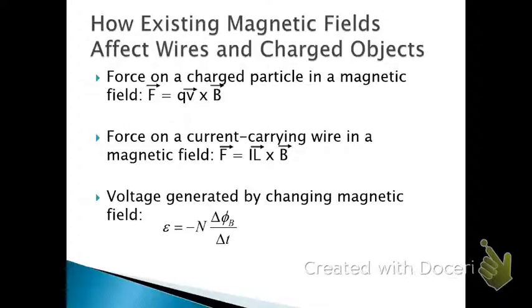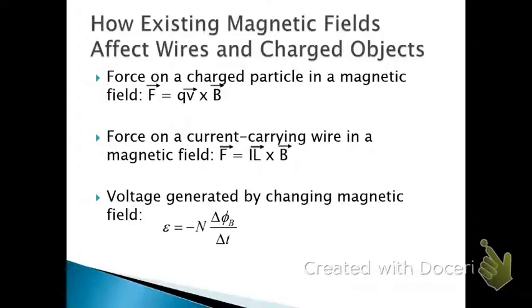The force on a current-carrying wire in a magnetic field, F equals IL cross B, where again, B is a magnetic field that already exists from somewhere else, and it's exerting a force on that wire. And I can generate a voltage by a changing magnetic field from somewhere else. Epsilon, that produced voltage, equals negative N times the change in magnetic flux over the change in time.